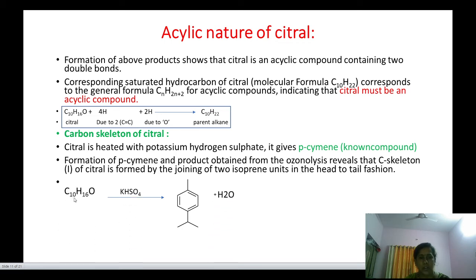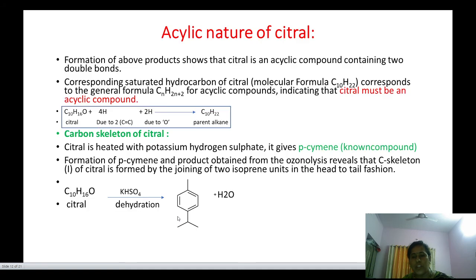This is the reaction. Citral on potassium bisulfate, there is formation of paracymene with removal of one water molecule.